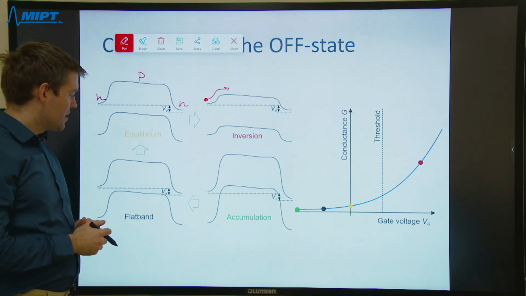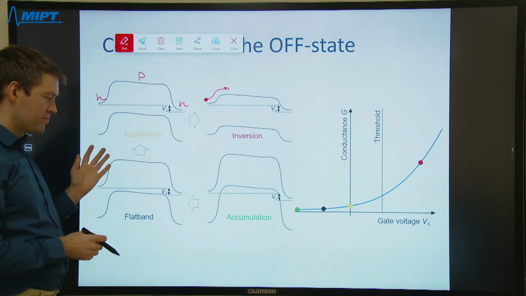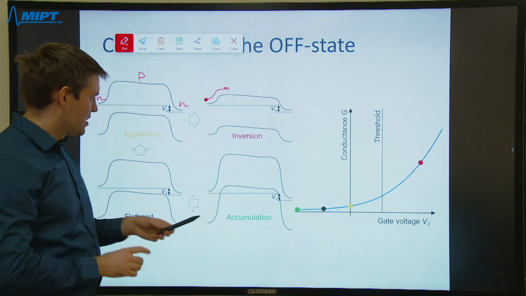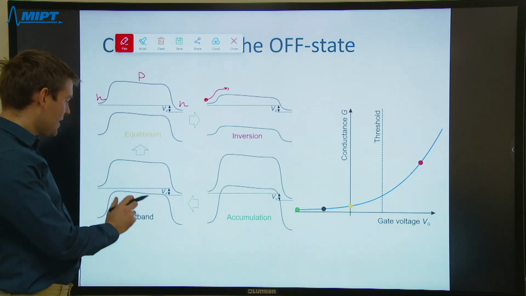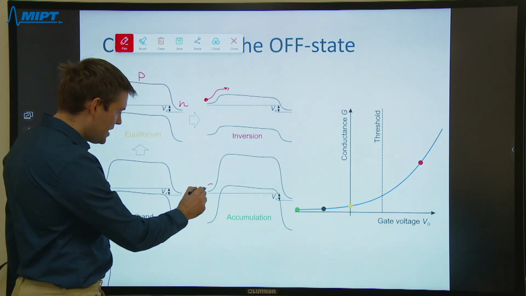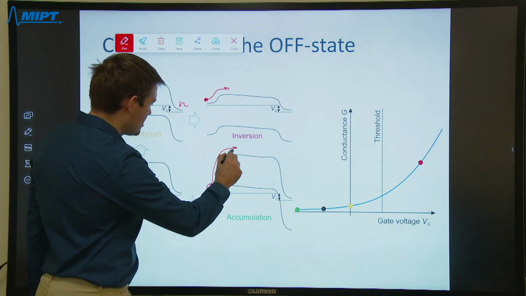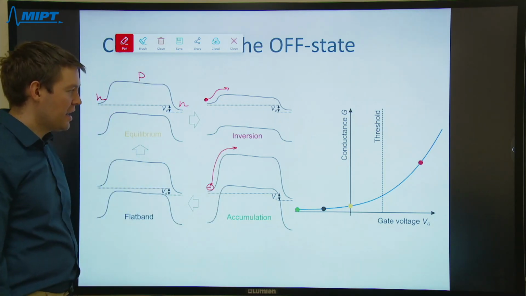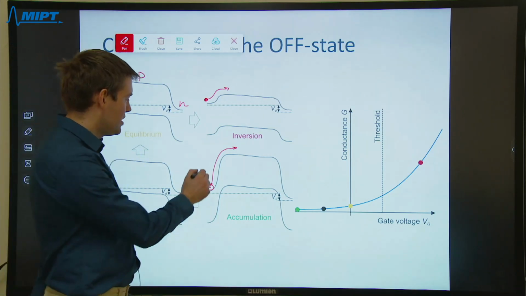Of course, there are other situations, like we can apply negative voltages corresponding to these dots, and this would correspond to increased height of the barrier. And then the current and conductance would be exponentially suppressed.